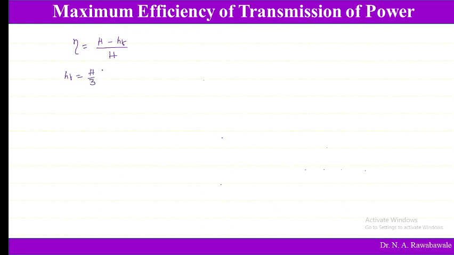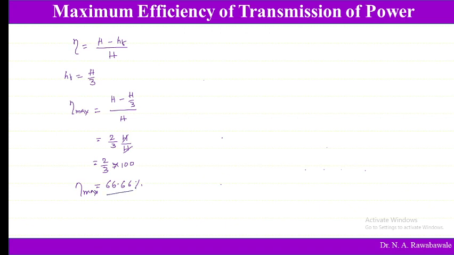So substituting this in the above equation, the maximum efficiency is h minus h by 3 divided by h. So this is 2 by 3 h divided by h. So h gets cancelled, so that is 2 by 3, into 100. If we multiply, then the maximum efficiency will be 66.66%.